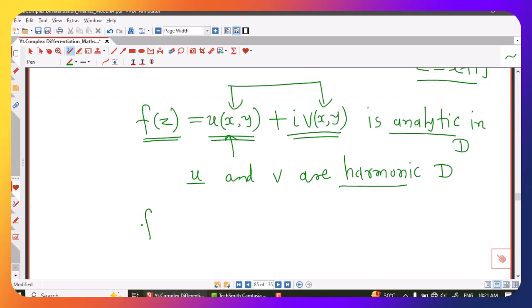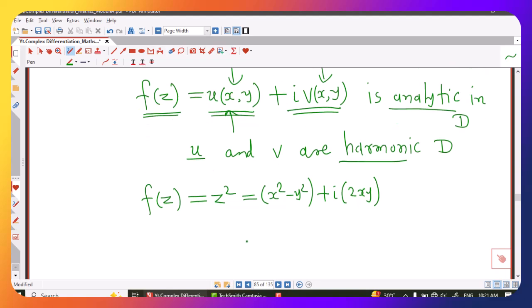For example, we know that function f of z equal to z square is analytic everywhere in the complex plane, that we have seen in earlier lectures. If we put z equal to x plus iy and we simplify, then we obtain u equal to x square minus y square and v equal to 2xy.